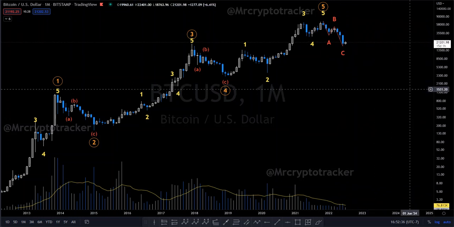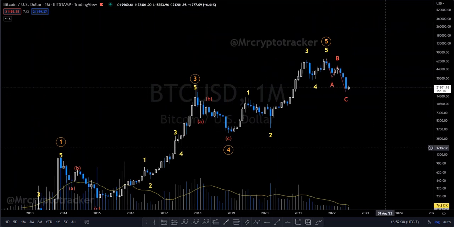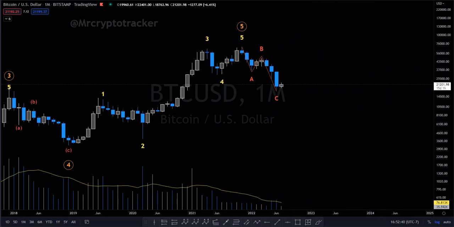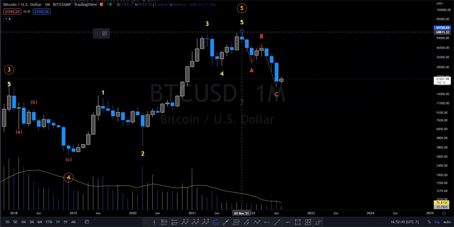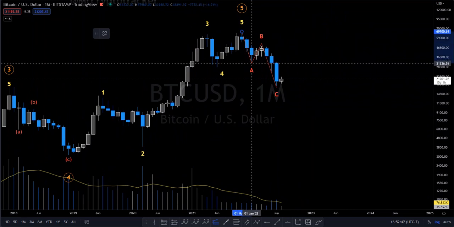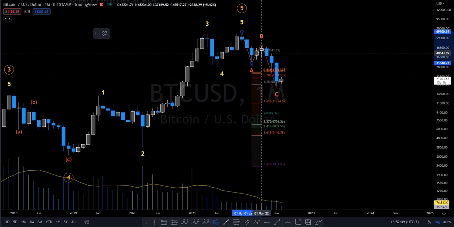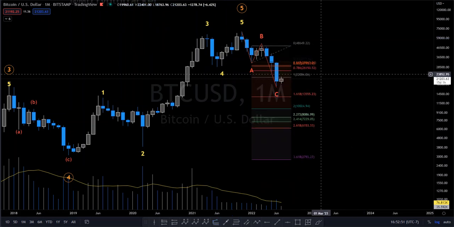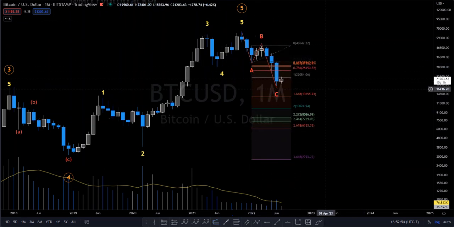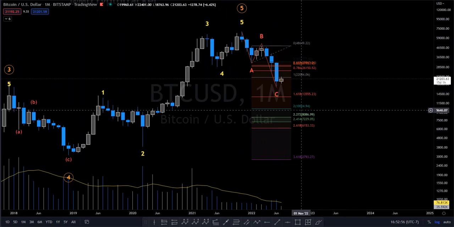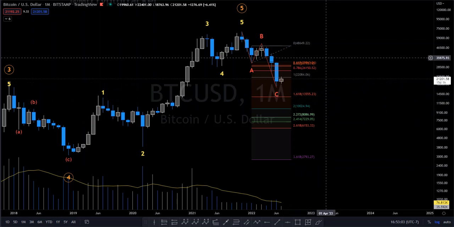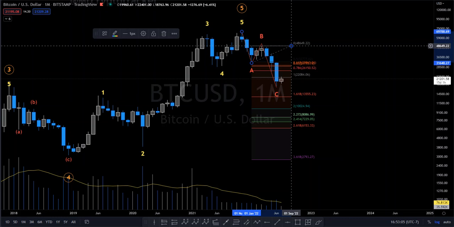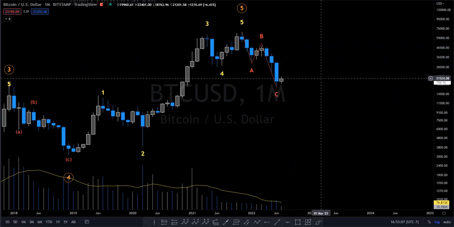Or there is another possibility: if we use the Fibonacci projection here, we now have these levels. I personally feel the price will drop to the 1.618 Fibonacci level before it starts going up. But let's see how the price action will form.